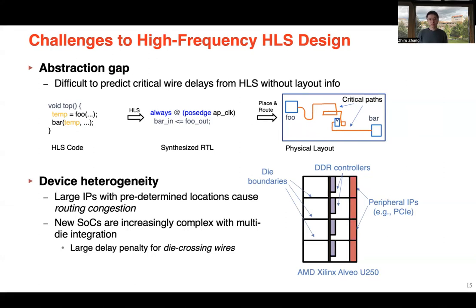The moment a signal crosses a die, we have to pay a large overhead in terms of delay. And it's usually pretty difficult to predict at high level from HLS which wires may cross the die, without knowing much about what kind of algorithms or optimizations the downstream flows, including the physical design flow, may actually do.